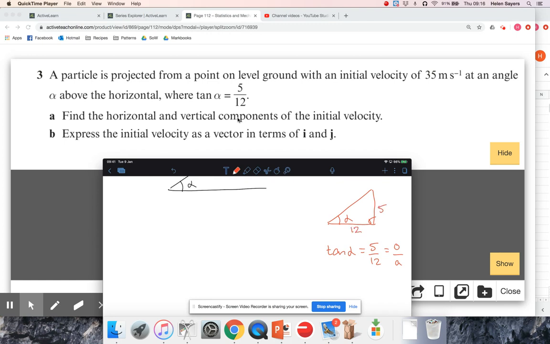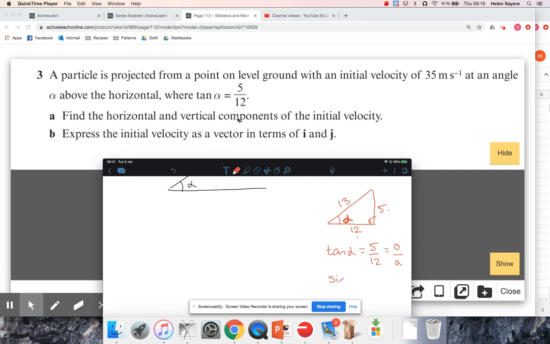If I label those on my triangle, compared to where alpha is, that's the opposite side and that's the adjacent side. If I then do Pythagoras, so 5 squared plus 12 squared, and then square root that answer, I get a hypotenuse of 13.